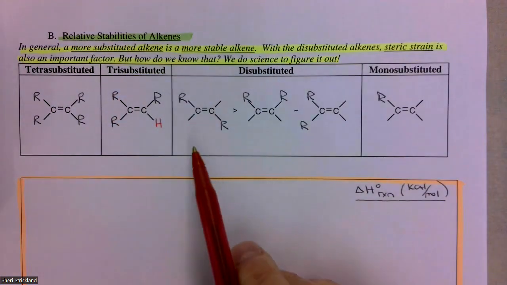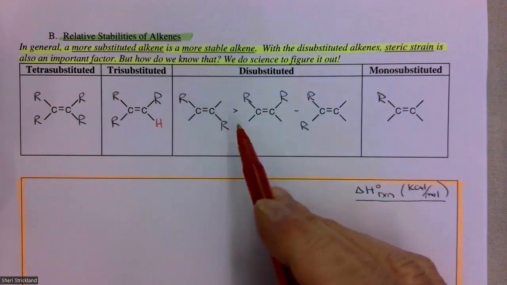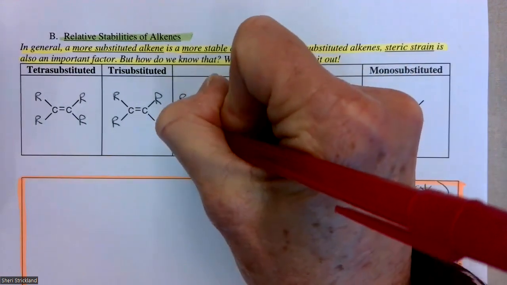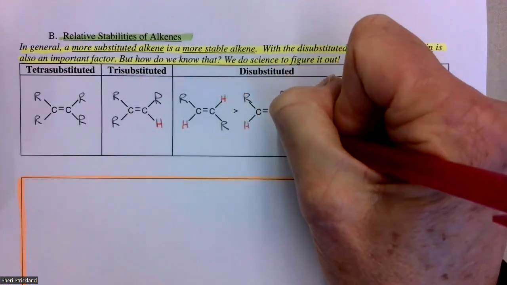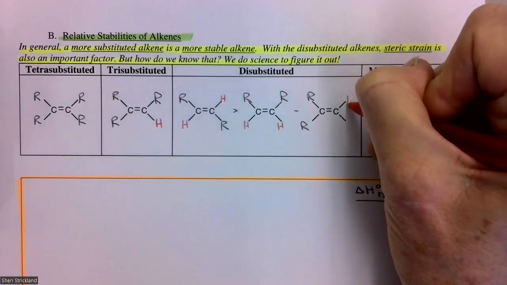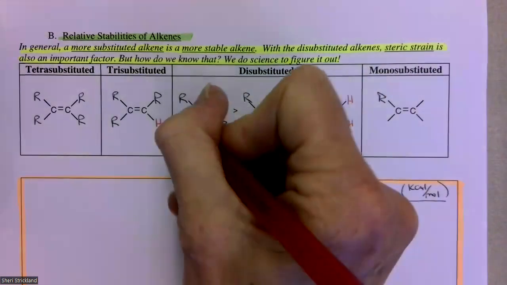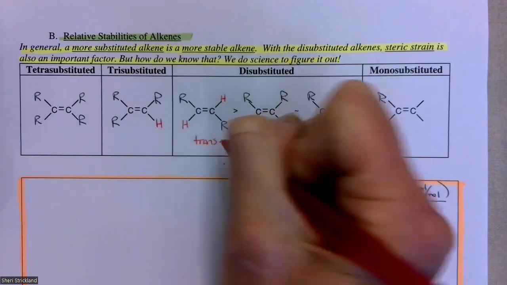With the di-substituted alkene, there are 3 possibilities. The 2 alkyl portions can be oriented trans. They can be oriented cis. Or they can be geminal, attached to the same sp2 carbon. So this is called a trans disubstituted alkene.